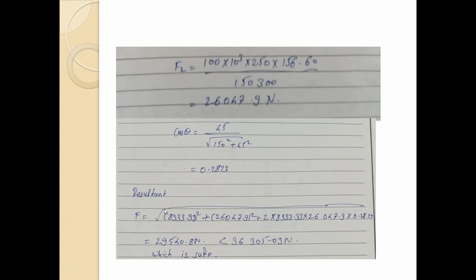So which is safe. By this way we can calculate or design an eccentric connection of type 1, when the twisting moment or the eccentric load is in the plane of the connection.